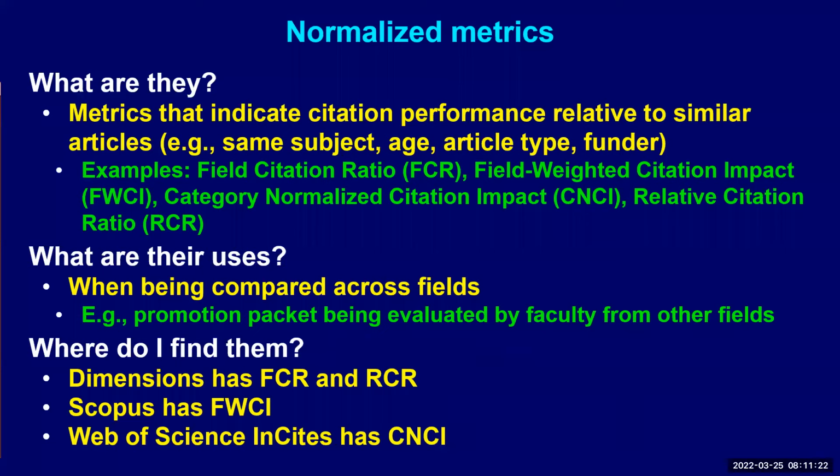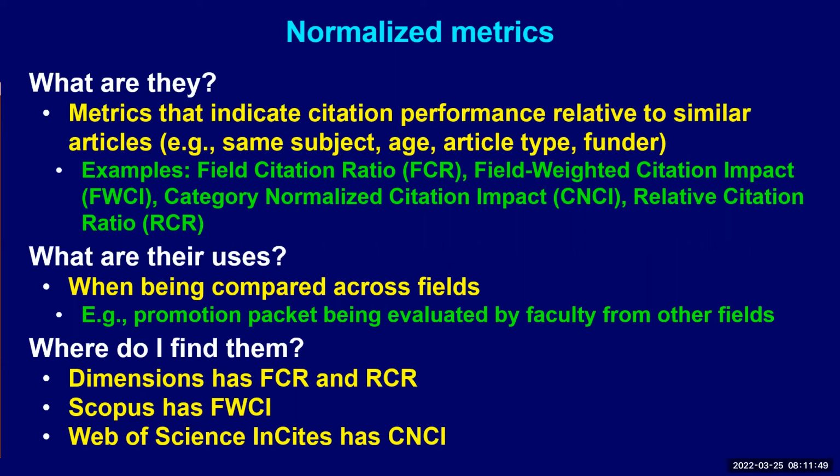These normalized metrics are particularly useful if your work is being evaluated by researchers from other fields. And that happens frequently at academic institutions where promotion and tenure packets go to committees with members from all across campus.